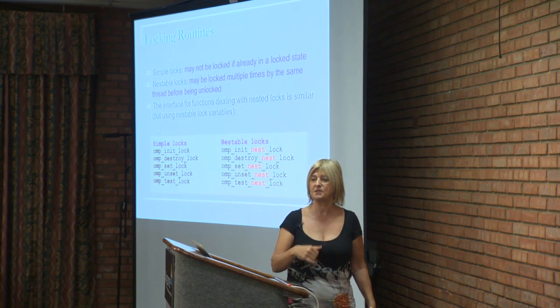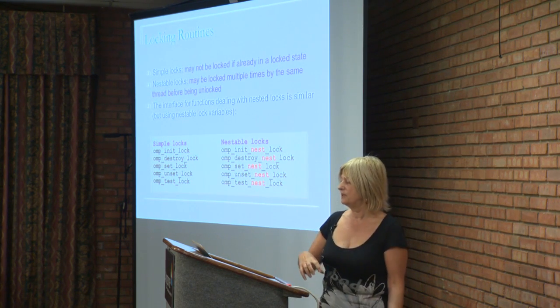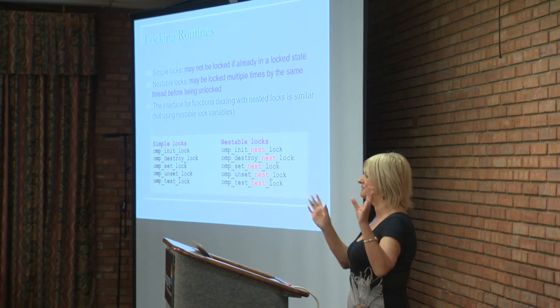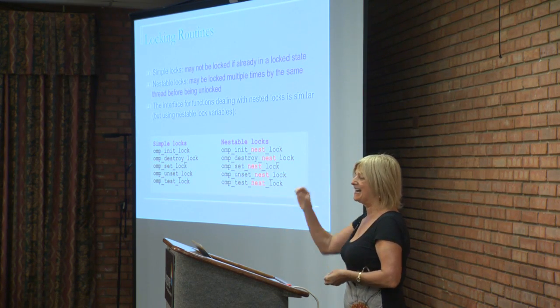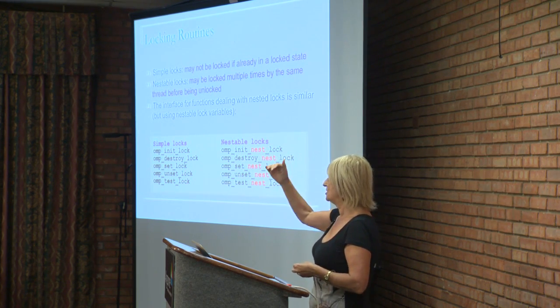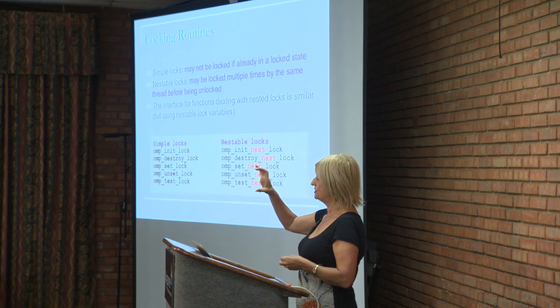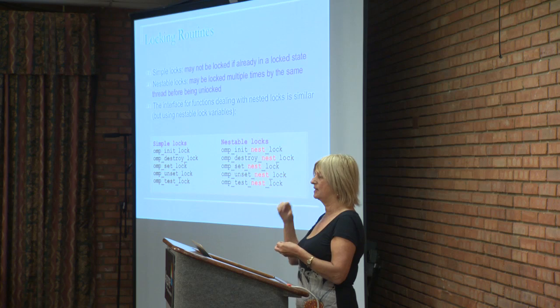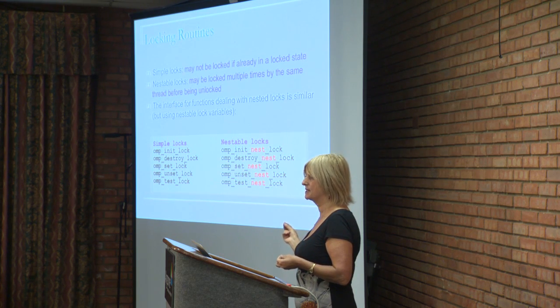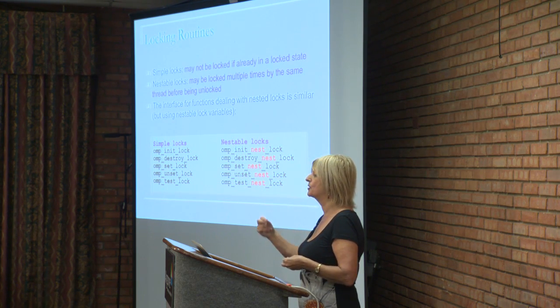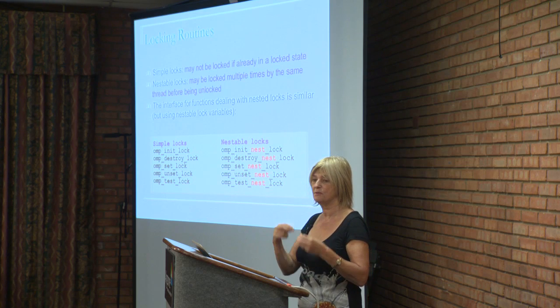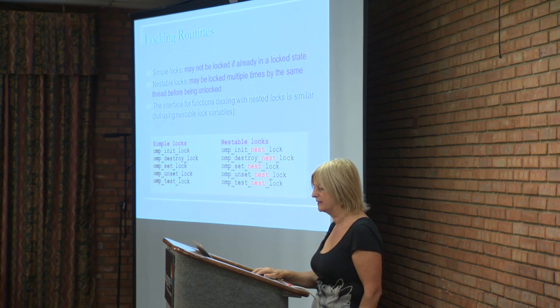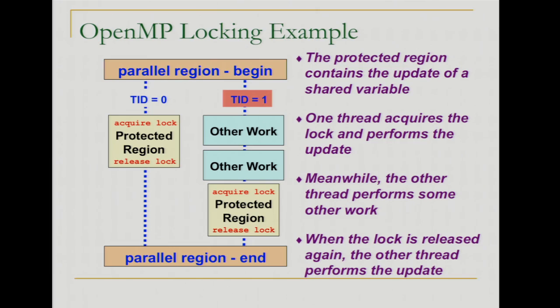If I've reached a position in the code where I want to do some work that's protected by a lock, and the lock is held by somebody else, I can go away and do some other work while I'm waiting for it to be freed. So there's a little bit of extra power here and possibly fewer overheads.